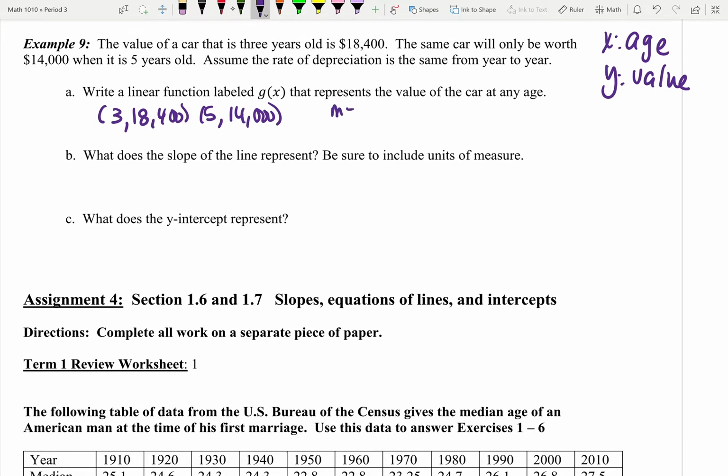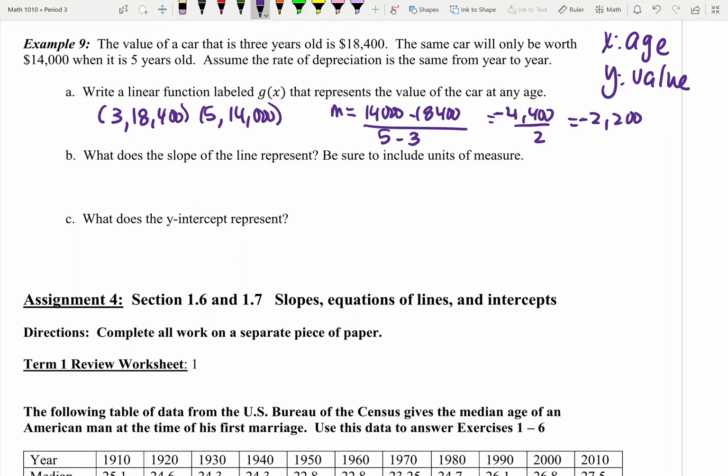Let's find the slope. So we're going to go m equals 14,000 minus 18,400 divided by 5 minus 3. So if you subtract those, you get 4,400 divided by 2, which is $2,200. Okay, that's the slope, and it is actually negative here.